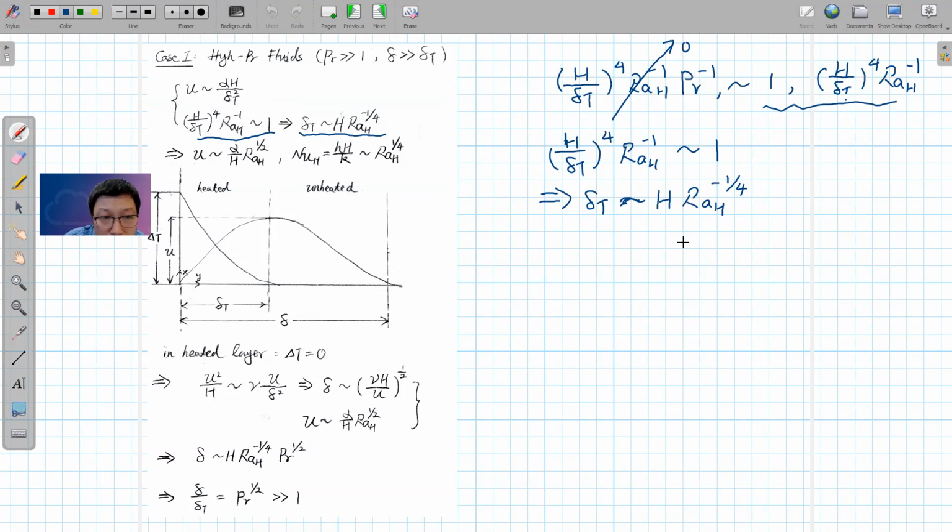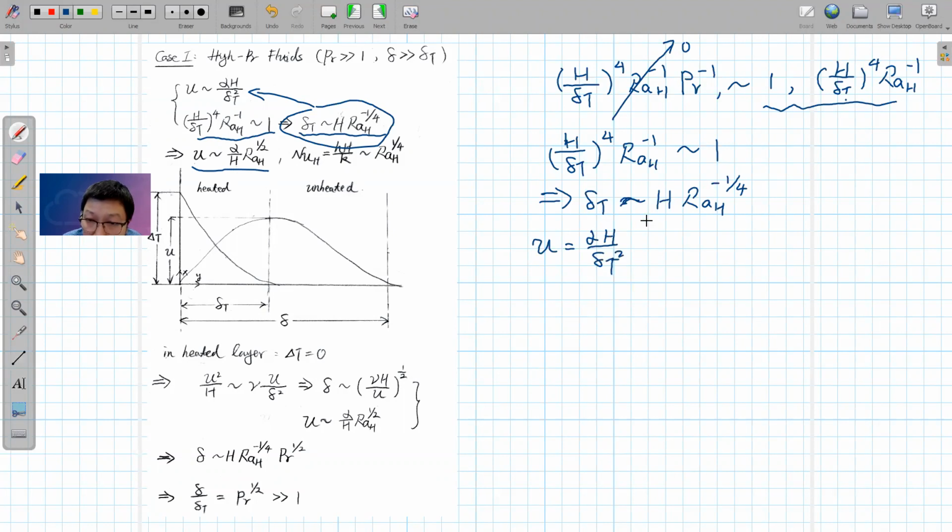You can bring this delta T result back to this U velocity result here, and you can find the final U value. So U is equal to alpha H over delta T squared.